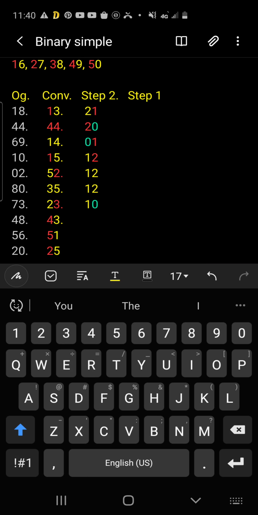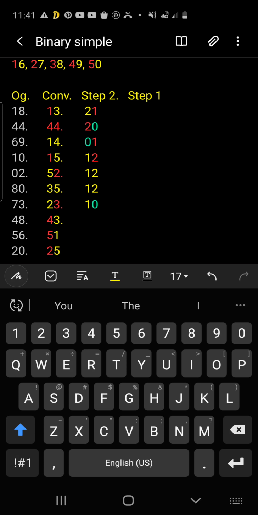Let me make sure I got everything right. So the 1 to the 4 is minus 2. 3 to the 4 is minus 1. 4 to the 1 minus 2. 4 to the 4 is a 0. 1 to the 1 is 0. 4 to the 5 minus 1 plus 1.